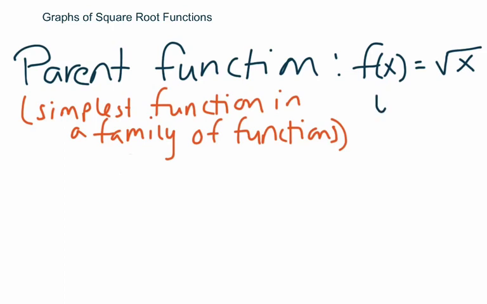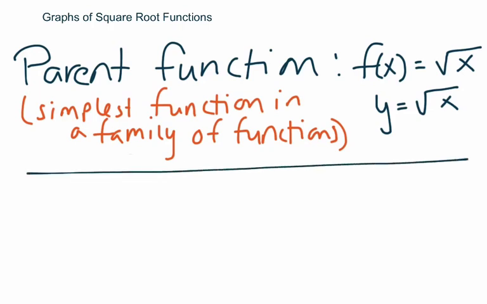If you're not comfortable with the f of x, you can always sub out a y for it anytime. I try to switch back and forth between them so that you can develop some comfort with both notations, but ultimately, you can always use a y instead of an f of x, and it won't be an issue for you. So what we're going to do is graph this by building a table.